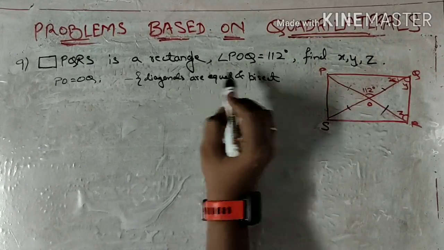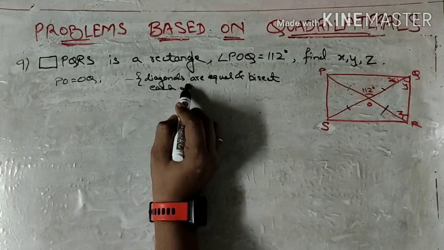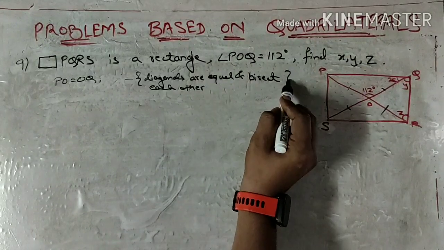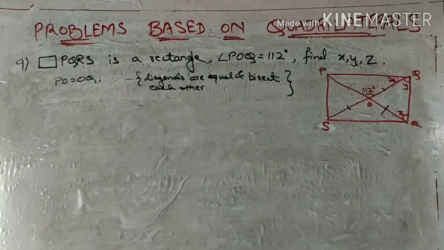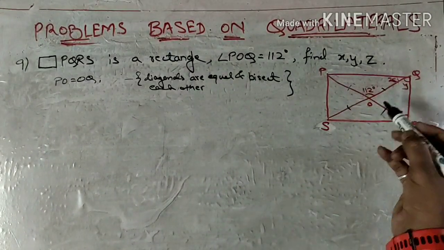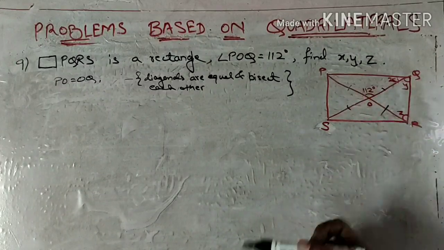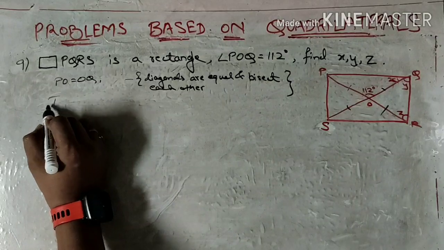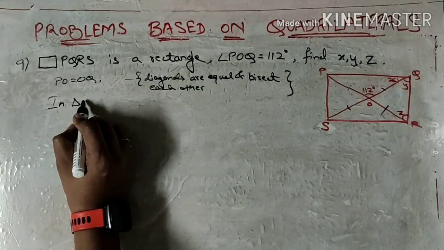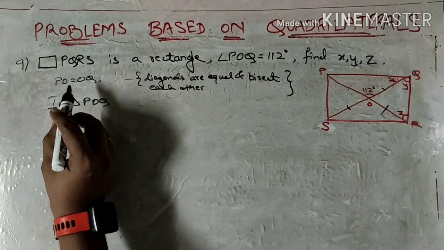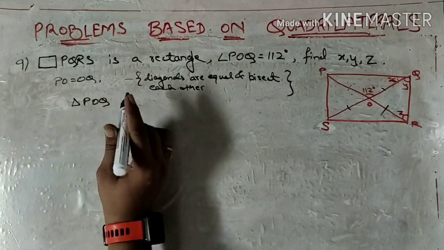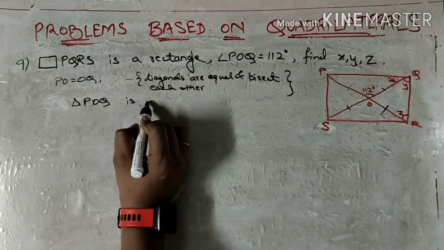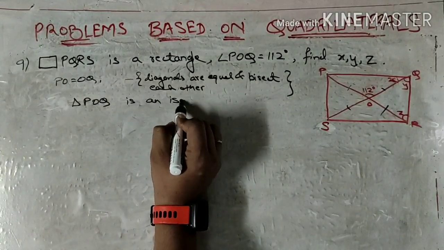Okay, if PO is equal to OQ, can I consider this small triangle POQ as an isosceles triangle? Yes, because the two sides are equal. So in triangle POQ, I will say triangle POQ is an isosceles triangle.